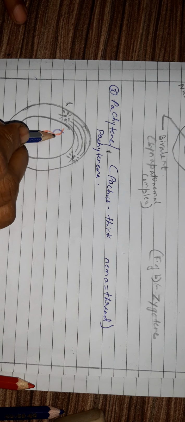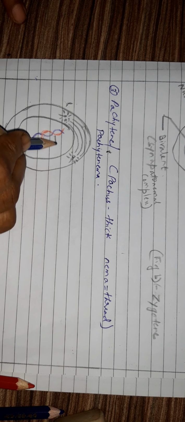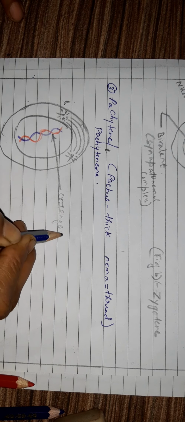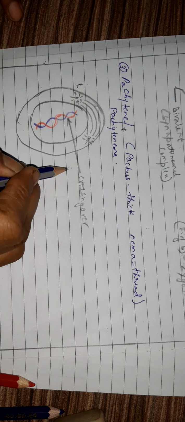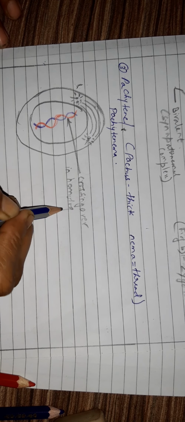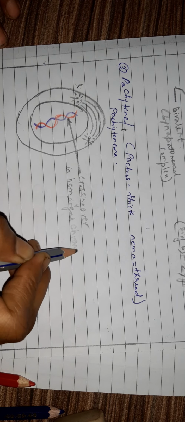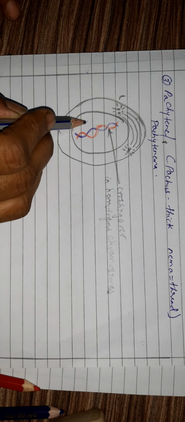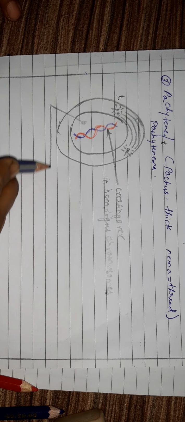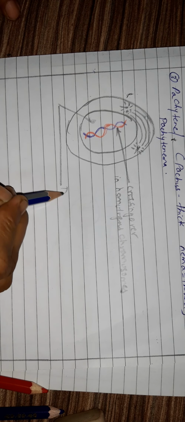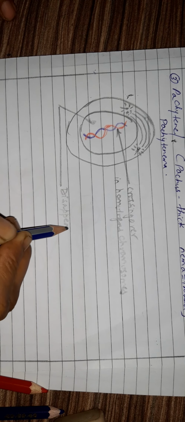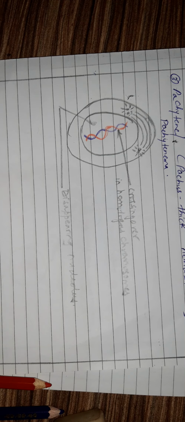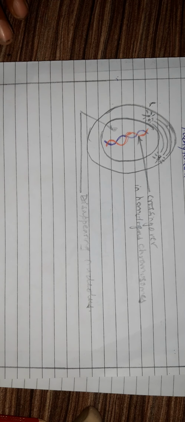So this is crossing over in homologous chromosomes. And here the nucleolus starts disappearing. So this is pachytene. Now in this description what you are going to write?